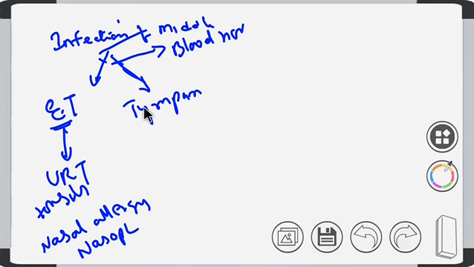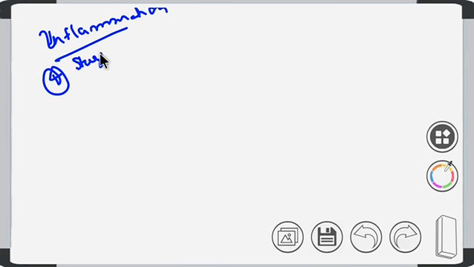Now let's see how this develops. First, there is inflammation. This inflammation in the middle ear will undergo four stages. The first stage is the stage of tubal occlusion.